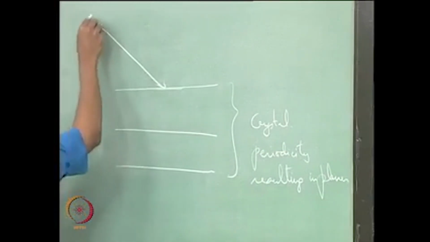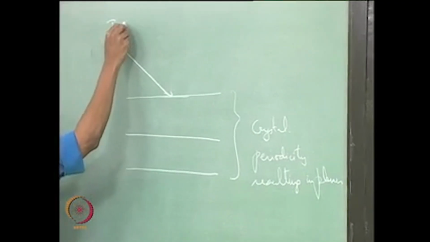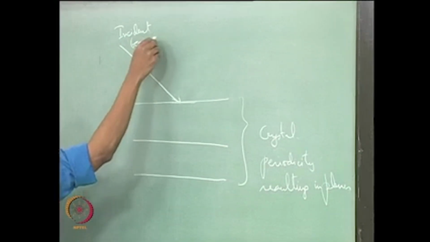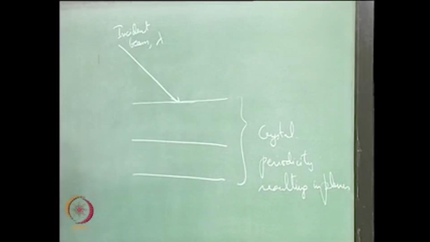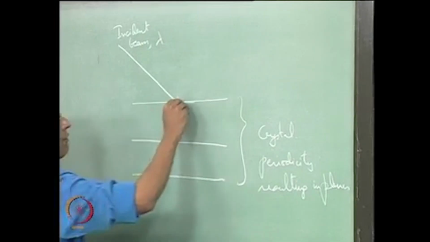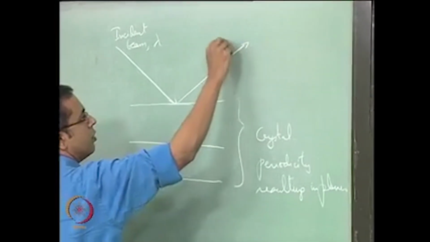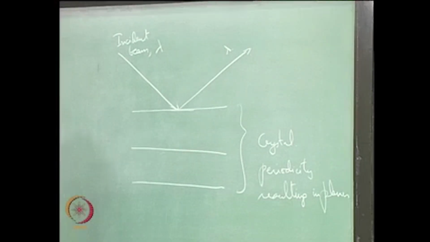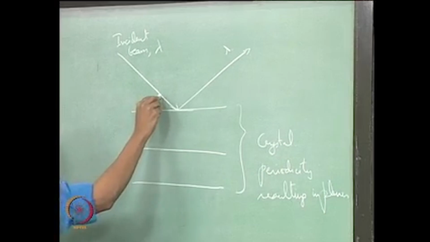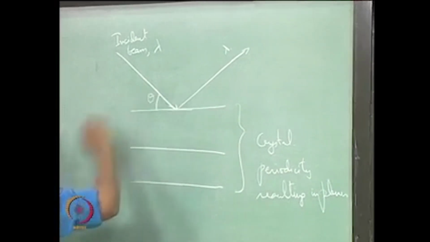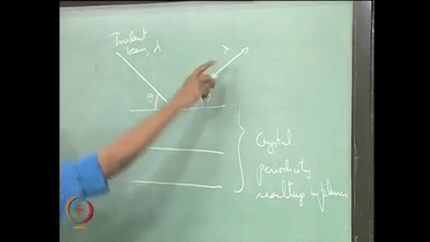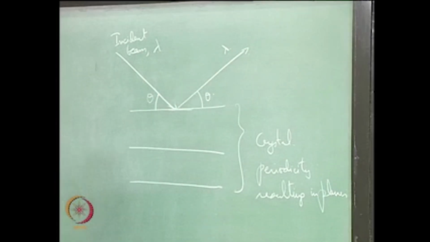So we have an incident beam of wavelength lambda. Then we look at a diffracted beam also at wavelength lambda, so we are assuming that the interaction does not modify the wavelength in any way. The incident beam is incident at some angle theta, and this is also theta. We will look at the diffracted beam in that direction and see what is happening.